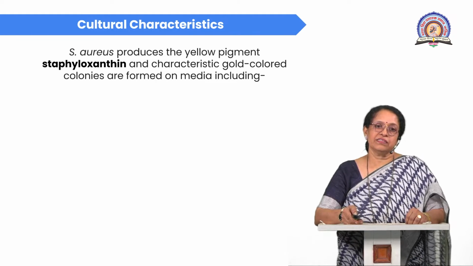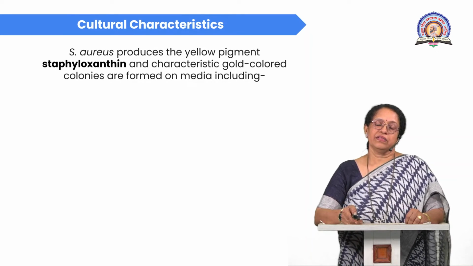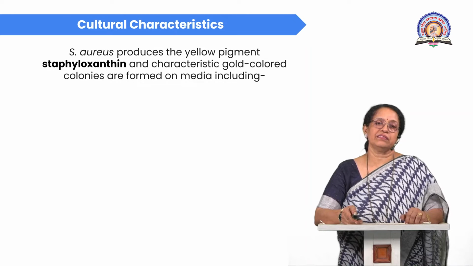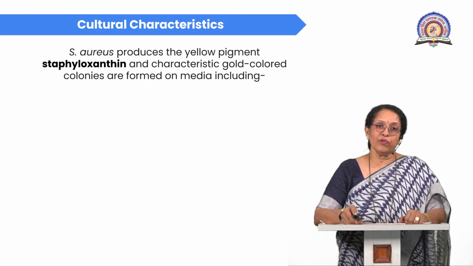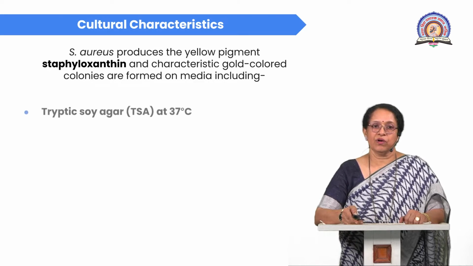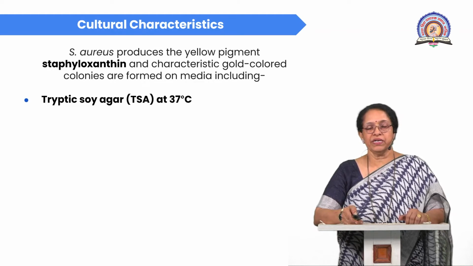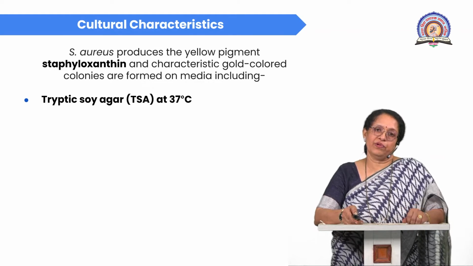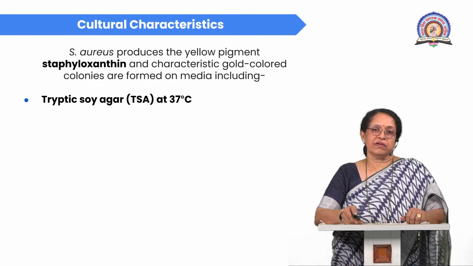Some other characteristics of this microorganism: the yellow pigment produced by the microorganism is staphyloxanthin, which gives the golden color to the colonies. Some other media can be used for cultivation of this microorganism in the laboratory. First is mannitol salt agar.